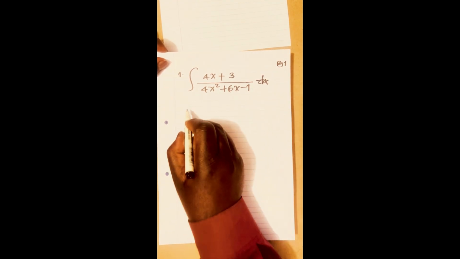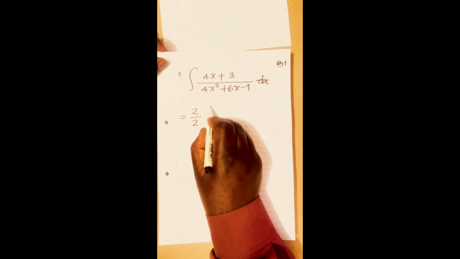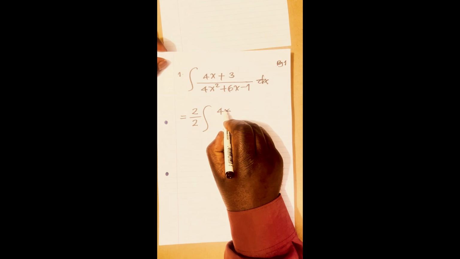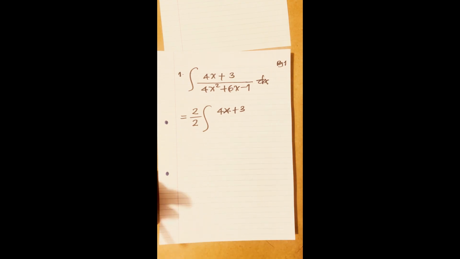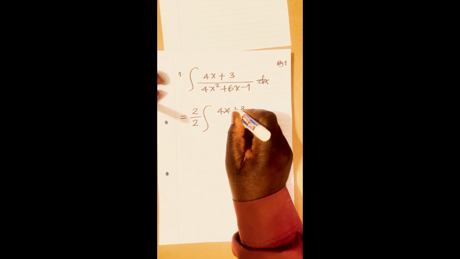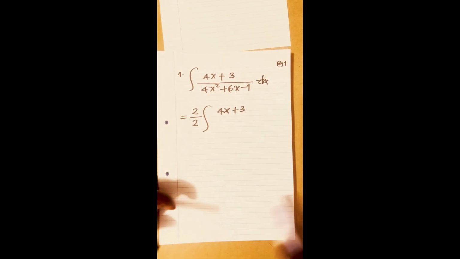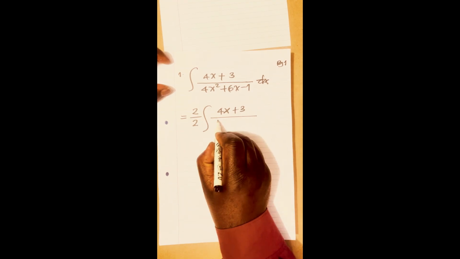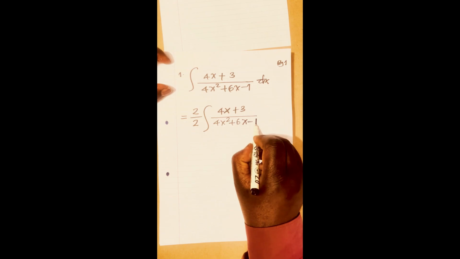Now what I was saying is this is the same as multiplying by 2 and dividing by 2 at the same time: the integral of (4x + 3), and we're dividing that by (4x² + 6x − 1) dx.